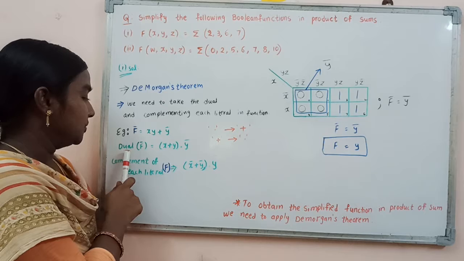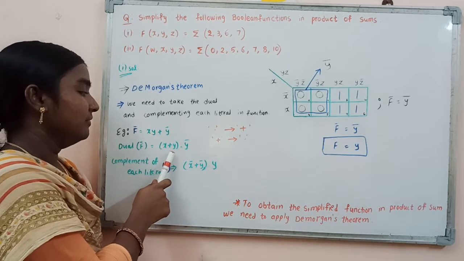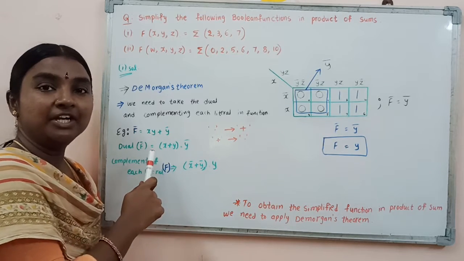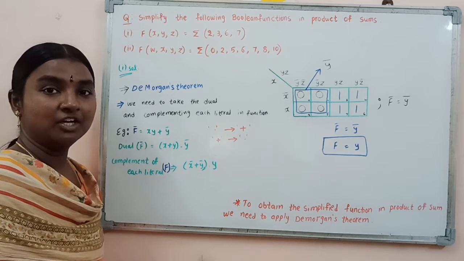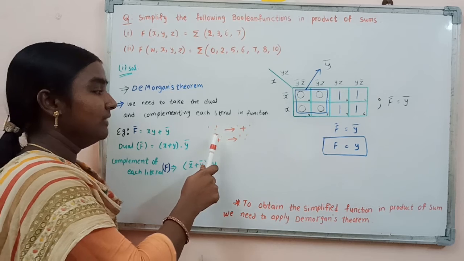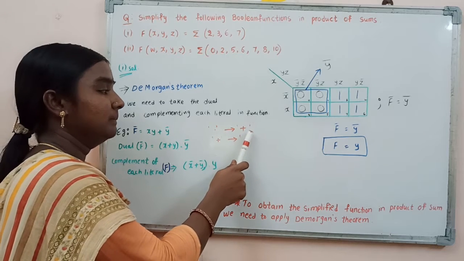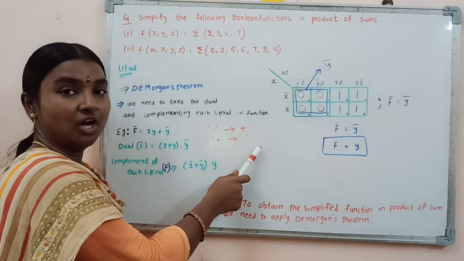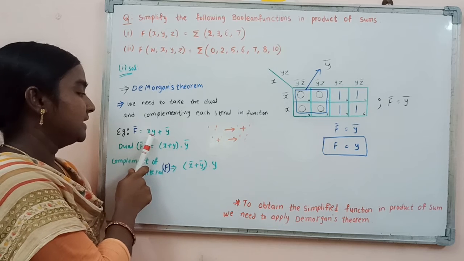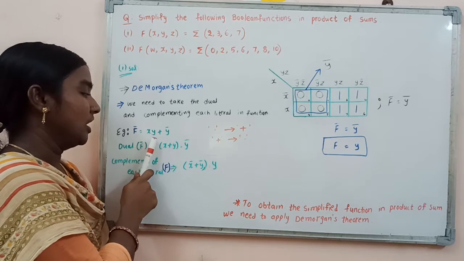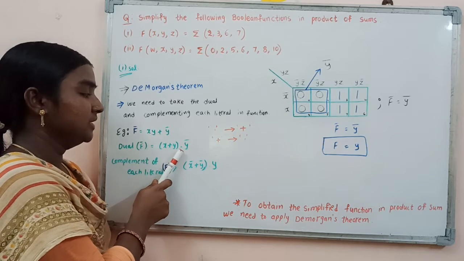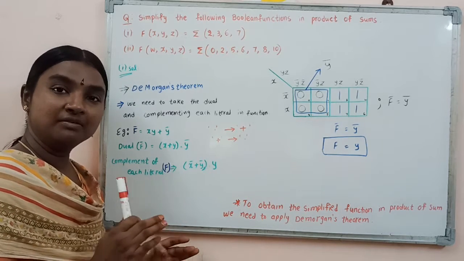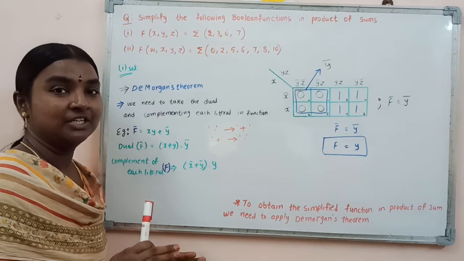To find the dual, we interchange the AND operator with the OR operator and the OR operator with the AND operator. That is, we replace dot with plus and plus with dot. So here we have x and y, we replace this dot with plus, and we replace the plus here with dot. This is the procedure we follow when finding the dual.